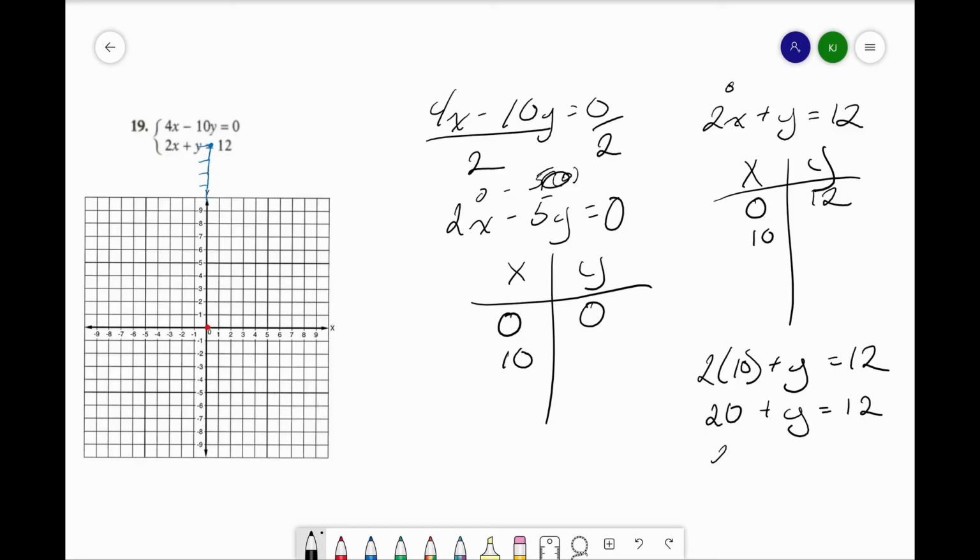Well, we already know it's going to have to be a negative number. So what negative number is going to get us to 12? Negative 8. So 20 plus negative 8 equals 12.